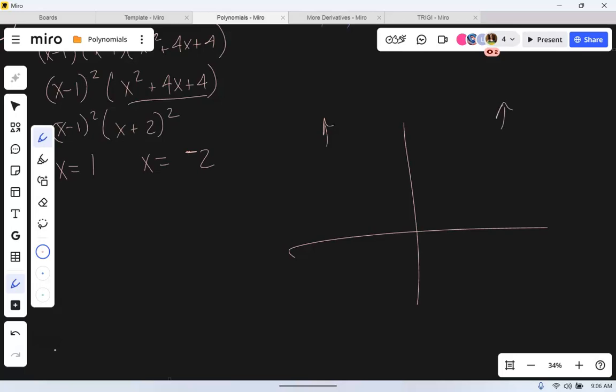I'm just sketching, bringing everything together that we've done. I know that the zeros are -2 and 1. Do they go through or bounce? They bounce. So it's got to come down and bounce off, and then make it back to this one and bounce there as well. Does that look like a quartic? Yes. So I didn't really even have to do anything special with graphing to get all that.